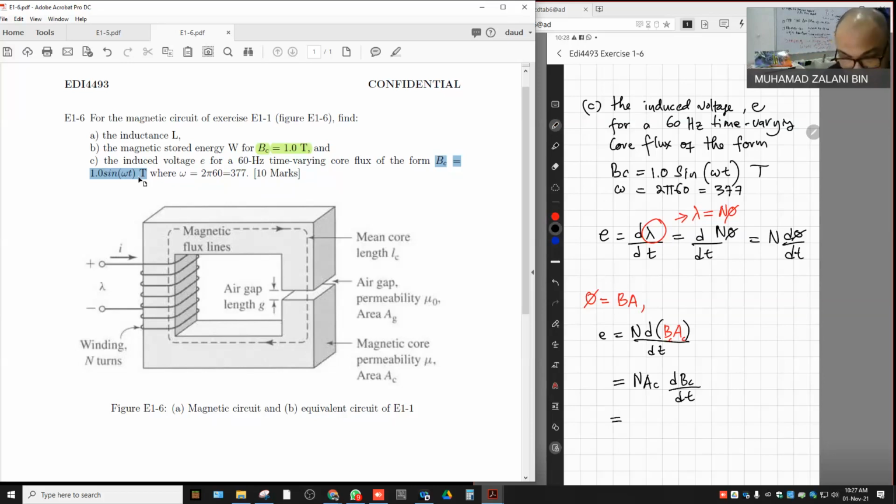Once we get that form, we can substitute, which is 500. We also have AC, which is 9 times 10 to the power of -4. Given that BC is time varying, which is 1.0 sine 377t, omega is 377.